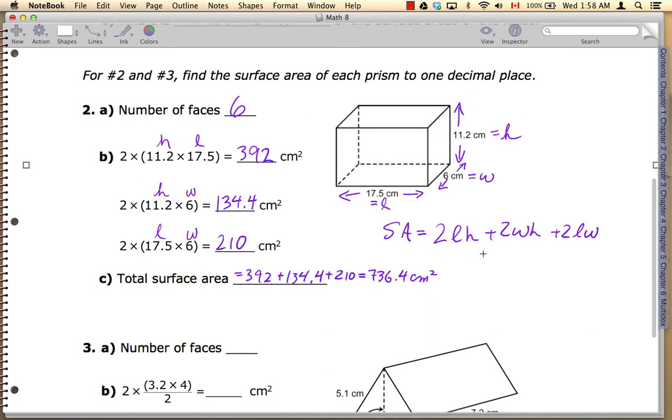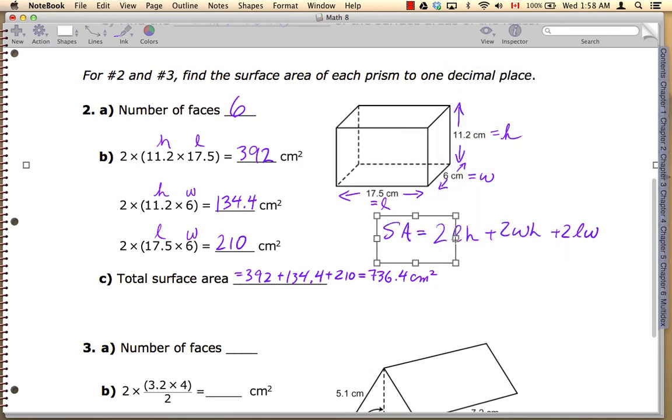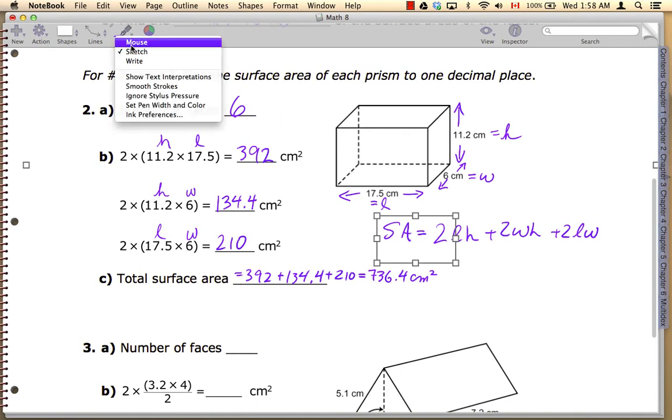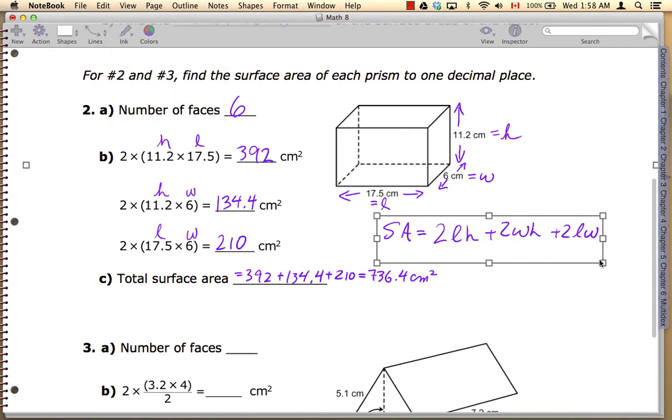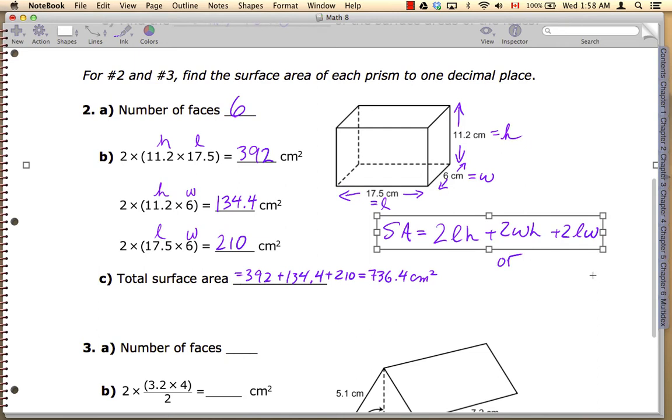And I just want to point out that this formula can be written in a different way, so I'm going to show this way. So here is one formula for us. Or we could write an equivalent version for the surface area by taking out that common factor of 2 of all the terms and just multiplying it once at the end.